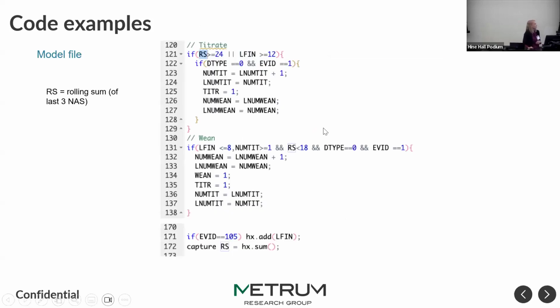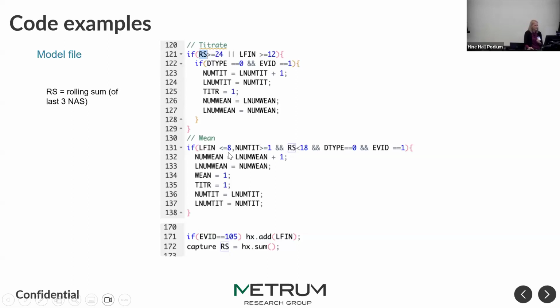And then I just wanted to give you an example of how we implement our dosing paradigm. This isn't the whole length of our simulation code. The rules for titration are: the rolling sum has to be greater than or equal to 24, or a single score greater than or equal to 12, and then we can titrate. We want to keep track of the number of titrations because that's also a rule in our dosing scheme.